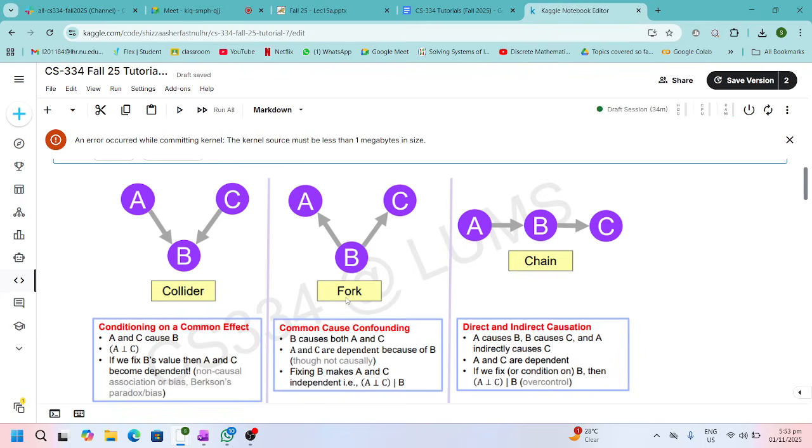The next structure that you have is a fork. In a fork, A and C are both effects of B. In this case, a path exists between A and C. It's a non-causal path, but B is acting as a confounder right now.